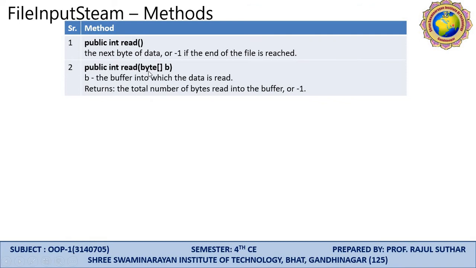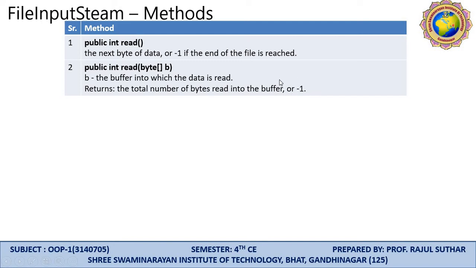Public int read(byte[] b), where b is the buffer into which the data is read, returns the total number of bytes read into the buffer, or -1. If -1 is returned, no data was found; otherwise it returns the total number of bytes in the buffer.